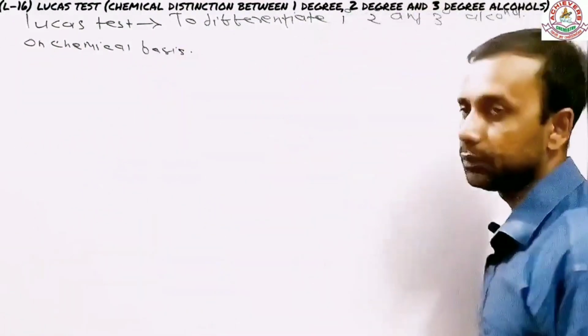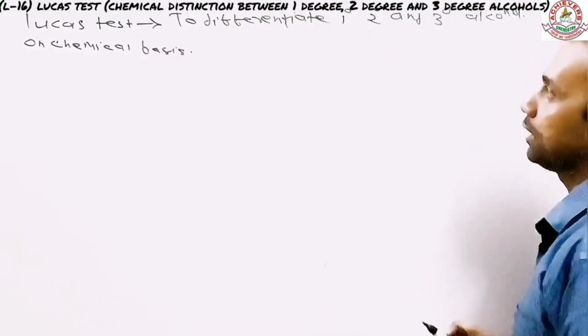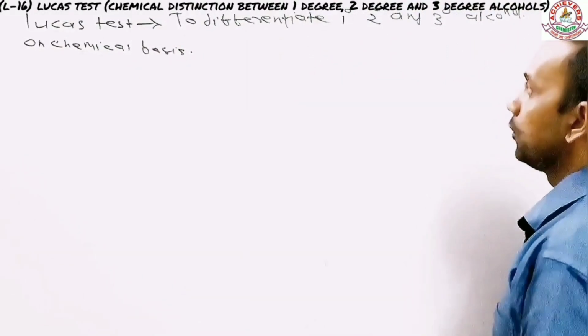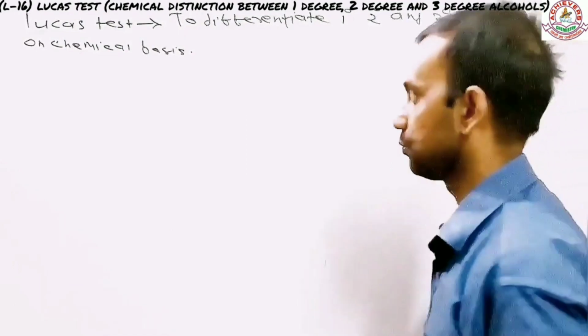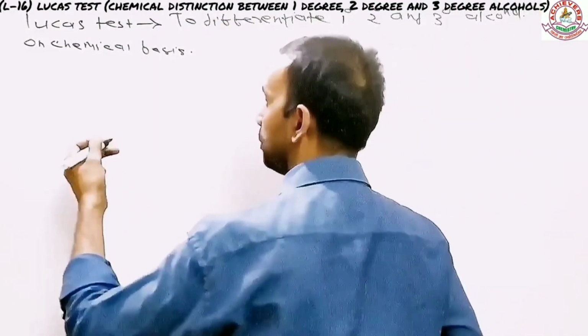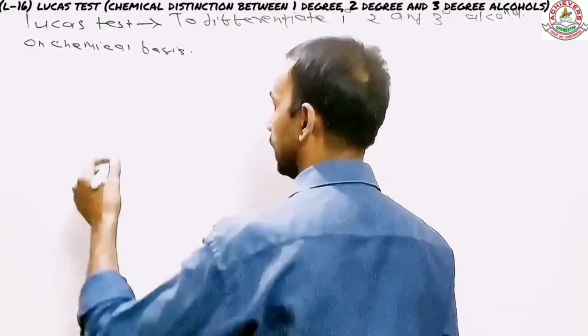So this is the objective of the Lucas test. We actually differentiate primary, secondary and tertiary alcohol by this particular reaction. Let me write the theoretical part so that you can make a copy of that.